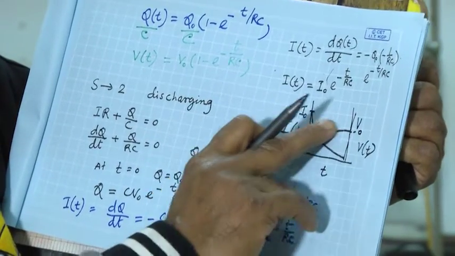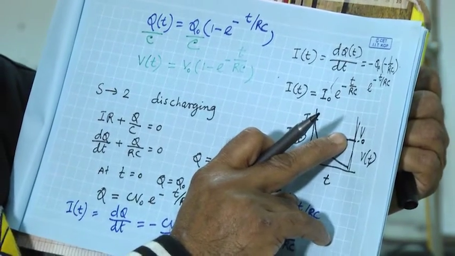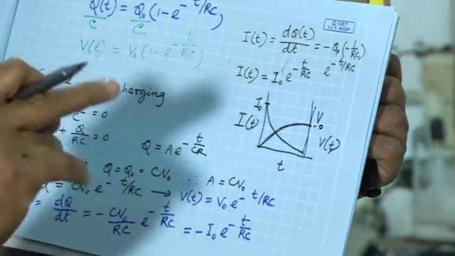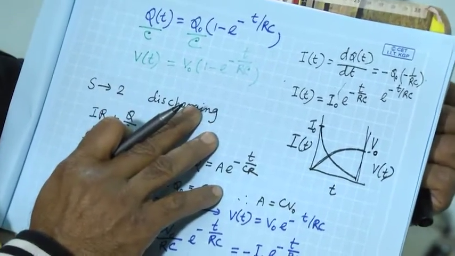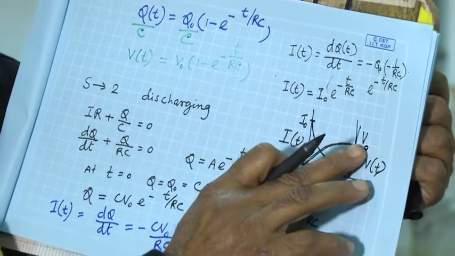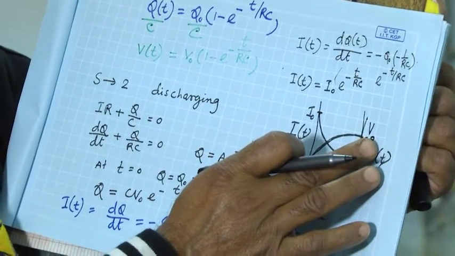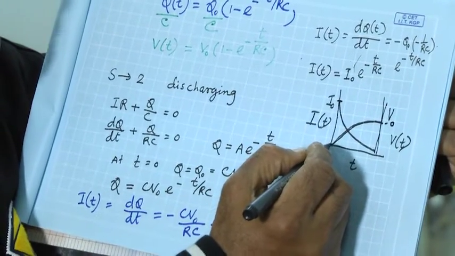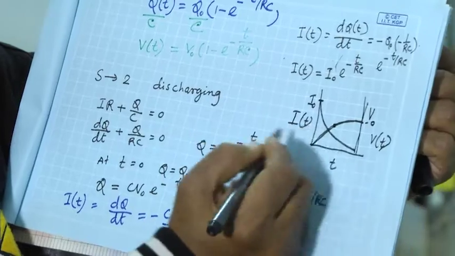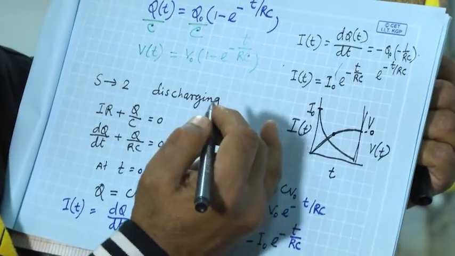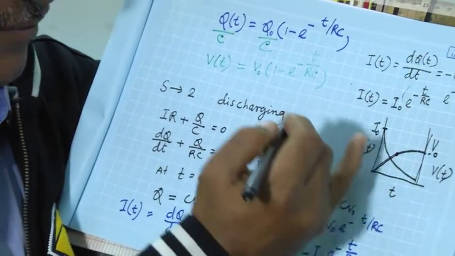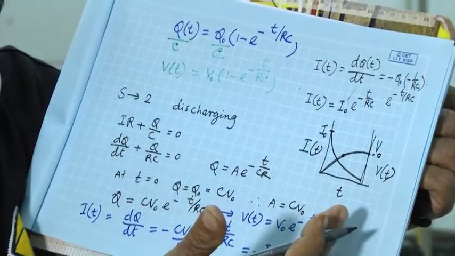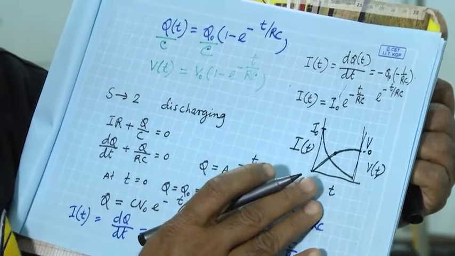To charge the capacitor to the value of 1 minus 1 by e times of the full voltage V0, how much time does it take?